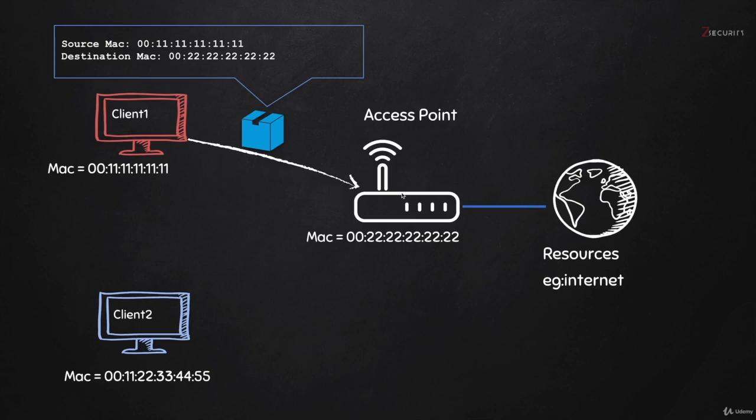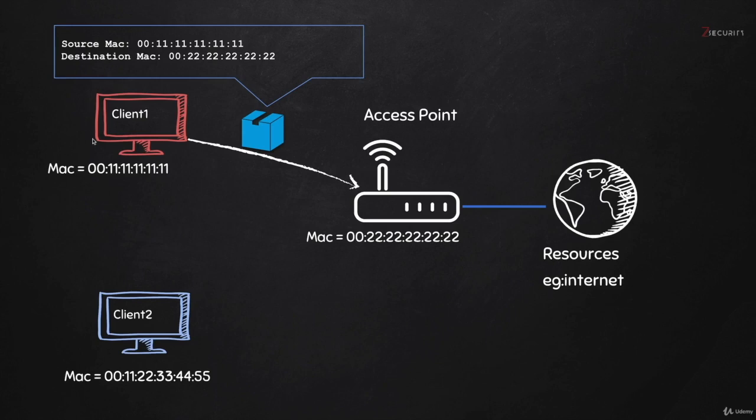Now in the network, devices ensure that these packets go in the right direction using the MAC address. So each packet has a source MAC and a destination MAC, and it flows from the source to the destination.